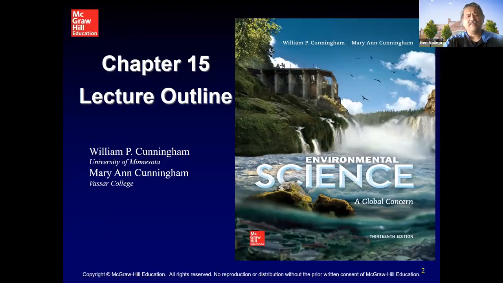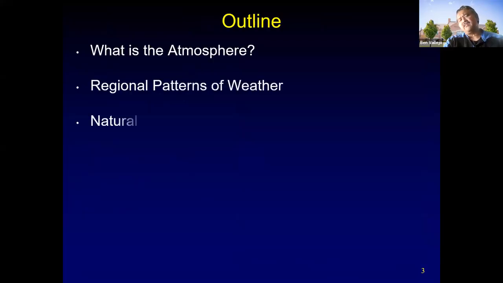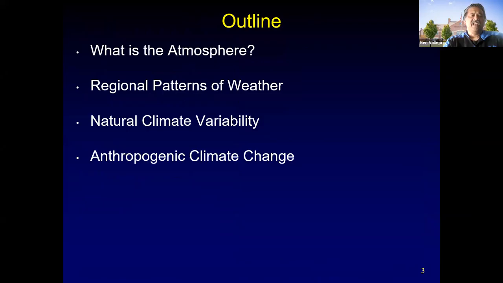This is based on chapter 15 in Cunningham and Cunningham's environmental science textbook. And so the topics that we'll be covering today include these listed on the screen. We'll be taking a look at the atmosphere and how weather is experienced in different regions of our country.